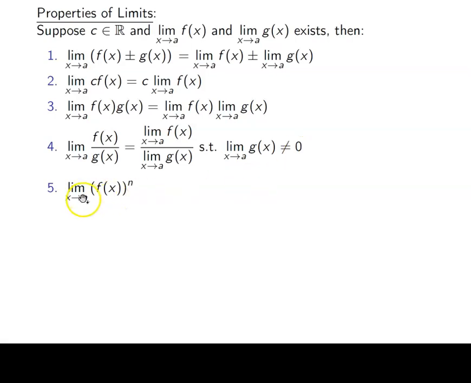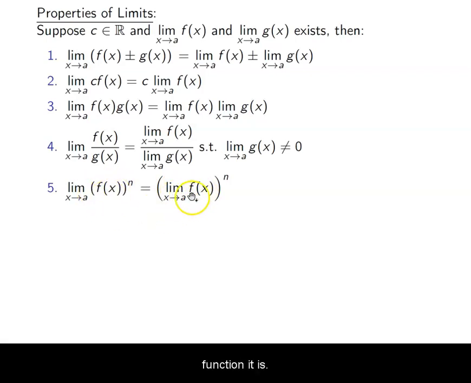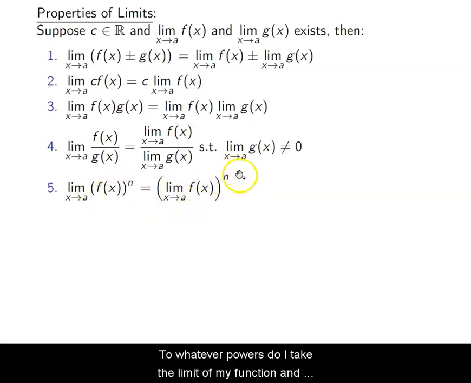Okay. If my function is being raised to a power, so it could be like x cubed, that's the function x to the cubed power, to the third power, right? It's the same thing as if I just find the limit of that x function or whatever function it is to whatever power.